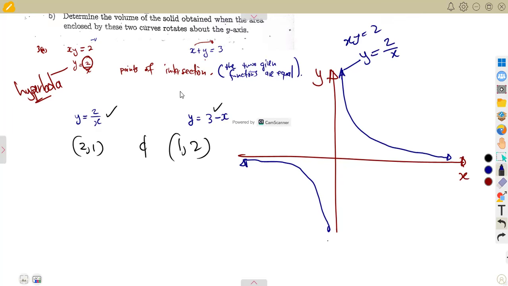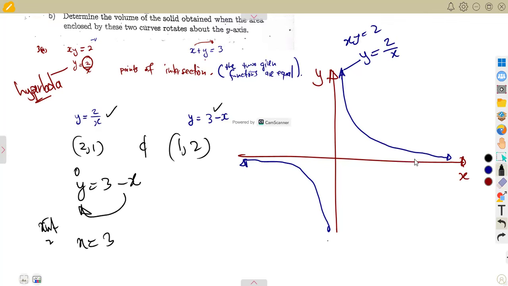A straight line, which is the linear function, is given also: x plus y is equal to 3, which we manipulated to suit this equation, and we ended up with y is equal to 3 minus x. This one, you can just work with the x-intercept and the y-intercept. At the x-intercept, y is 0. So if y is 0, it means x is going to be equal to 3.